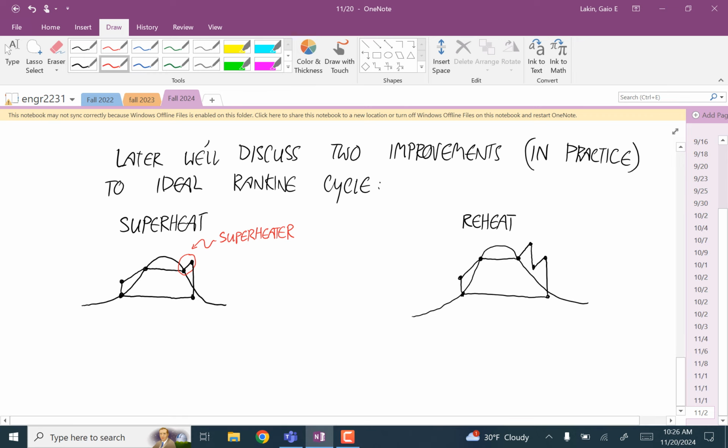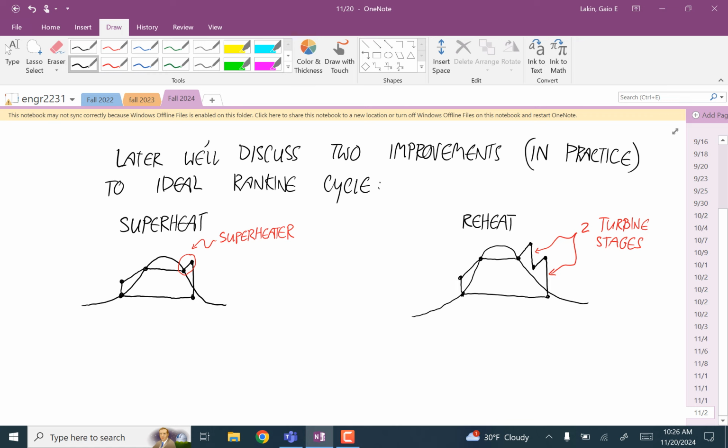So these two are 2 turbine stages. Okay.